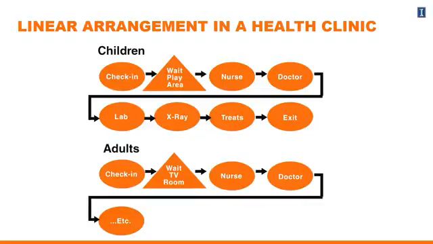The waiting room for adults has a television in it, which you don't have for the kids. So that's the main difference between this and the next arrangement that we're going to look at, is that each of these activities is dedicated to that particular type of customer that is going to go through it. And in this case, it's patients being kids and adults.